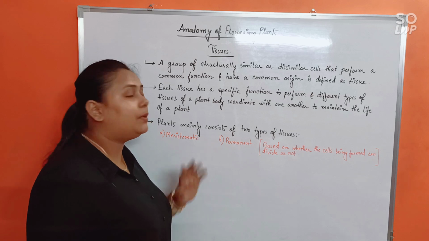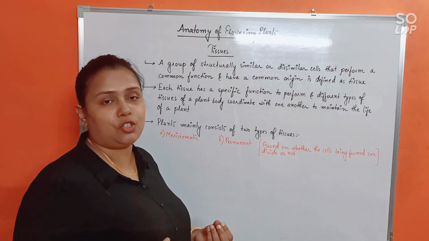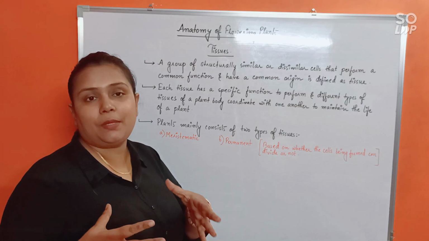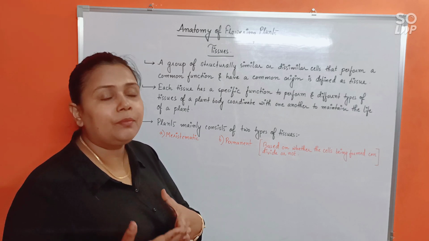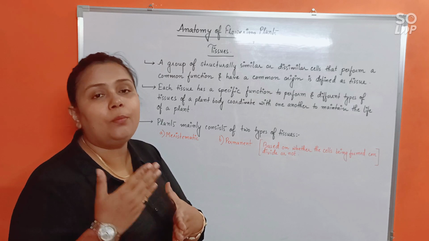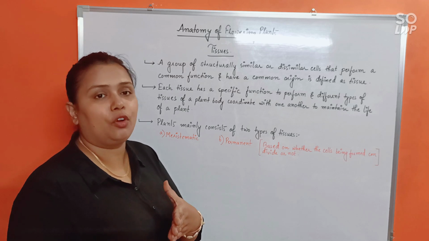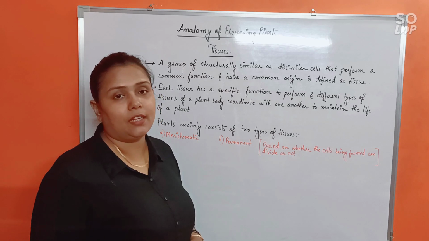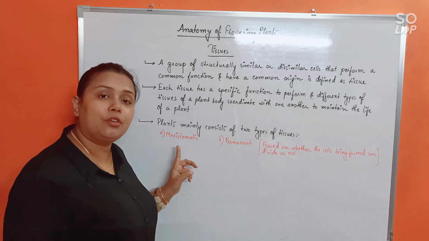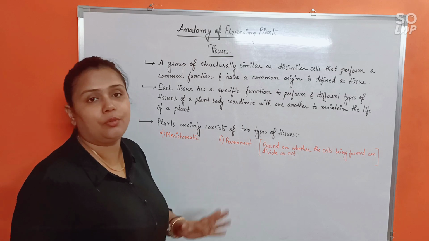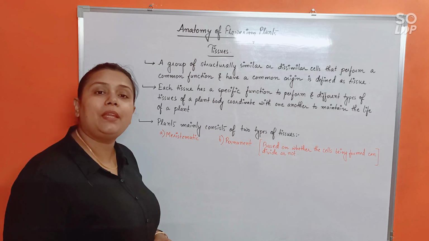On the other hand, for permanent tissues, these cells will be specified, specifically designed with a specific structure and function, and they would not perform division. They would either permanently or sometimes temporarily lose their power of division. That's the main criterion. Do remember, the criterion is the power of division. For meristems, it would remain. For permanent, it would not remain. Understood?